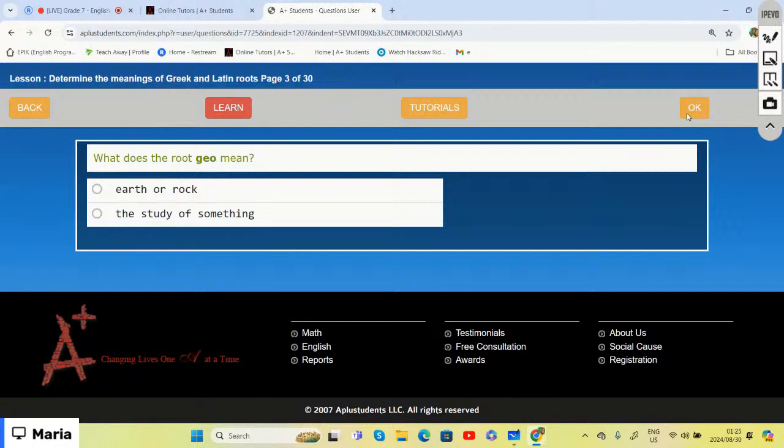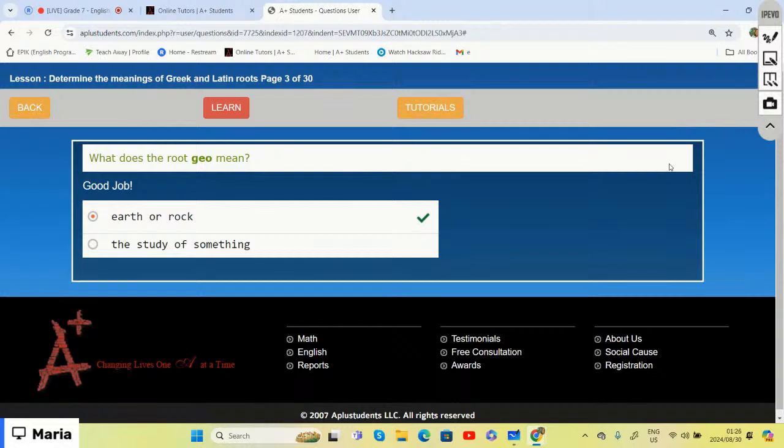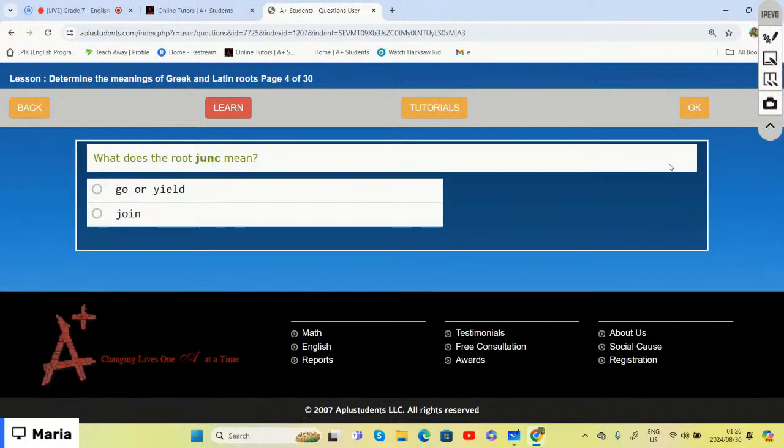Is it earth or rock, or the study of something? I think it is to do with earth or rock. Yes, so geo is to do with earth, or it is to do with rock. All right, let's do the next one.